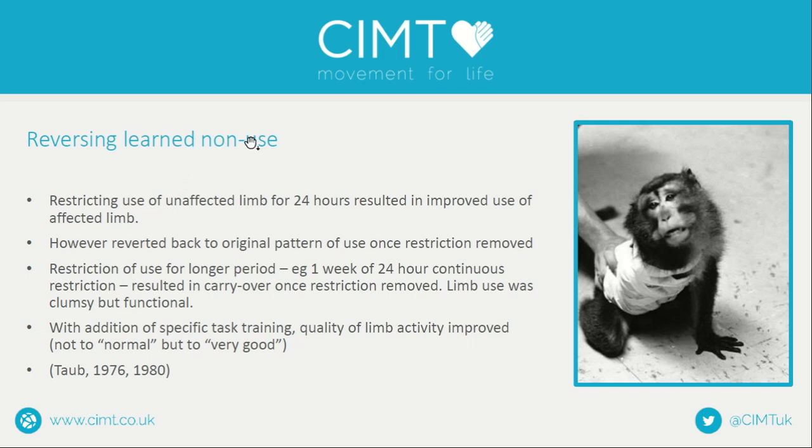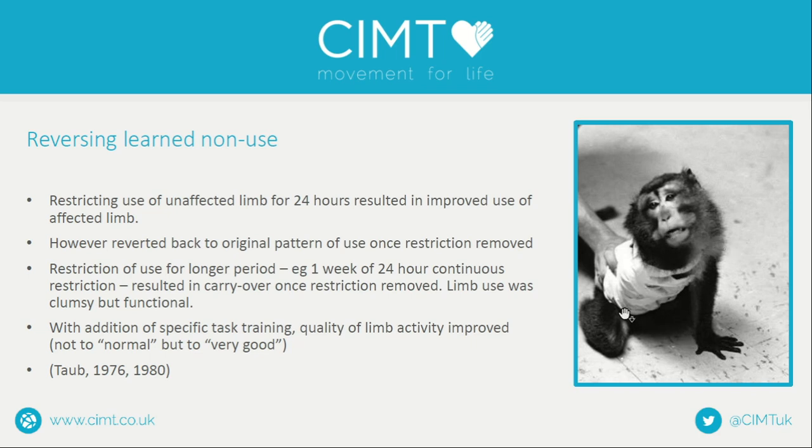Then, reversing non-use: in the same monkey whose left side was paralyzed, they restricted the use of the unaffected limb for 24 hours, resulting in improved use of the affected limb. But once the restriction was removed after 24 hours, the monkey again started using the unaffected side.